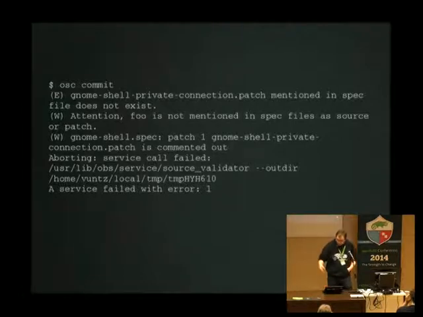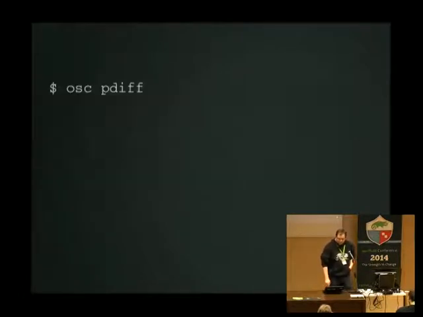And another one, which is nice, I think, and because I wrote it, so it's probably the reason it's nice, is pdiff. That's something I needed when I wanted to review a lot of things.